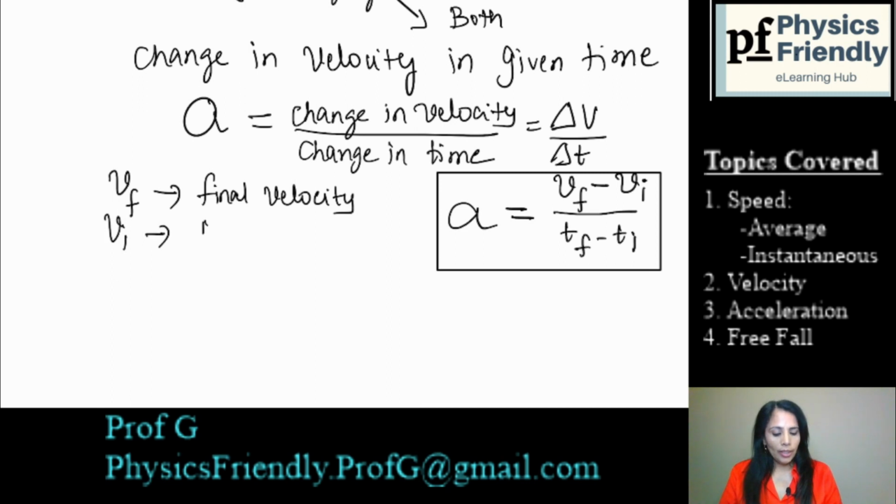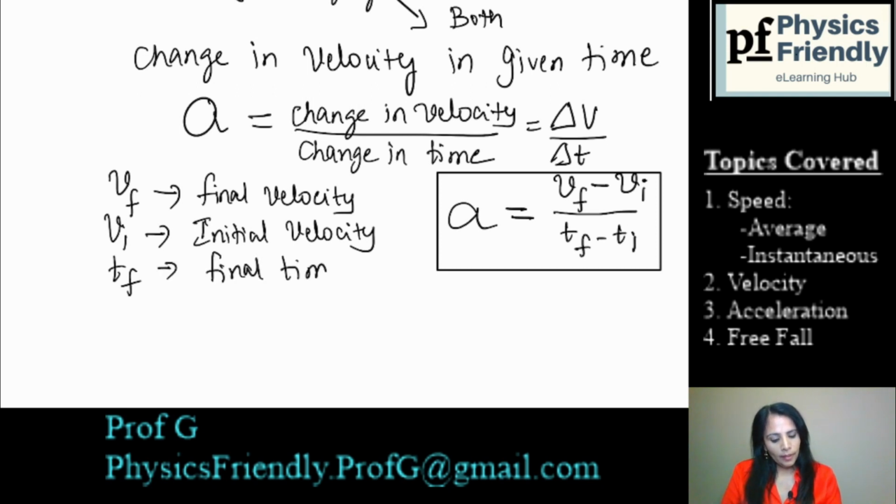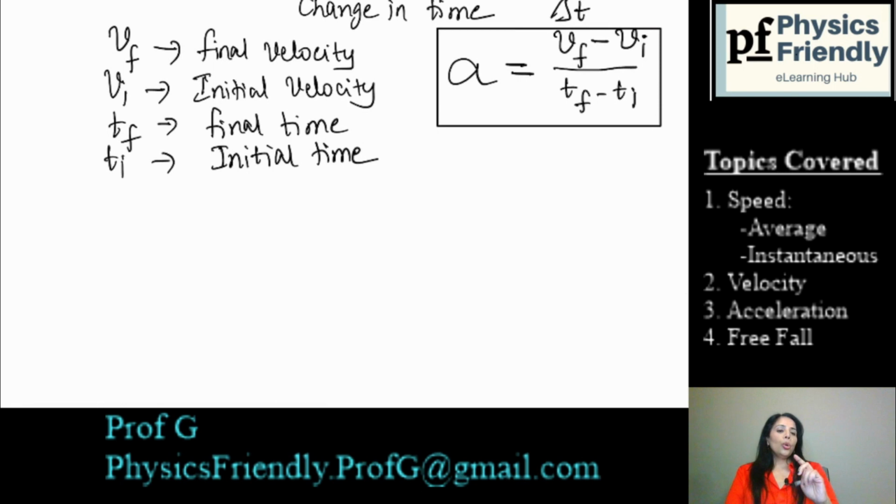So v_i is your initial velocity, where the object starts out with a certain velocity, and an object reaches some velocity after some time, so that would be your final velocity. Okay, so t_f, t subscript f, stands for final time, and then we have initial time, t_i.